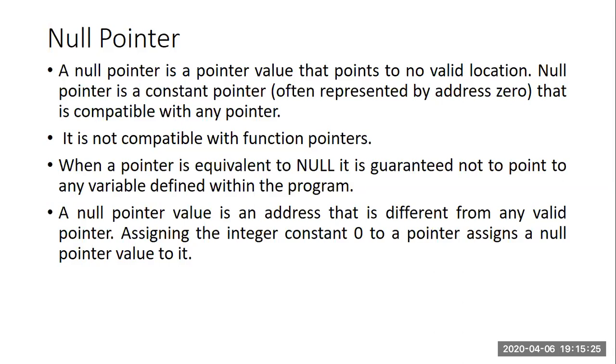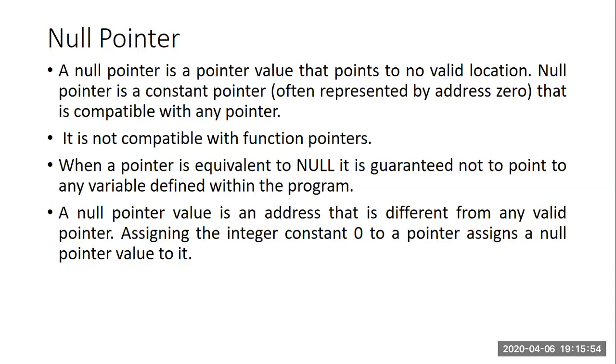But when I am talking about the null pointer, it means it's such a type of pointer which is not pointing to any valid location. Rather, it's a constant pointer and represented by address 0.